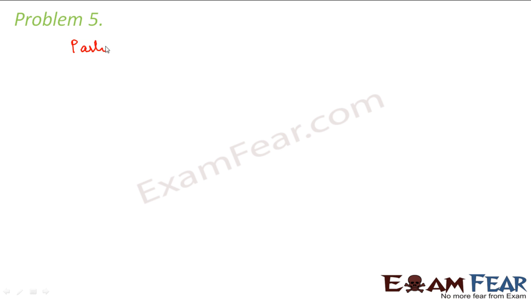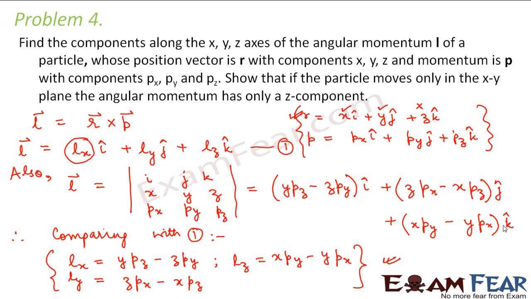So we say that the particle moves in the xy plane. Therefore, you have z is equal to 0. Let me call this expression equation 2. In this entire expression, if you put z is equal to 0, what happens?